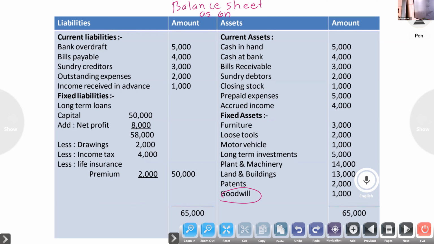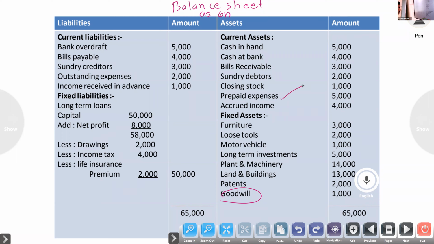Then the format. So you have to study this format. Balance sheet, I said trading account. Then all other items will come in the profit and loss account. Already you know current assets: cash in hand, cash at bank, bills receivable, sundry debtors, closing stock, prepaid expense.